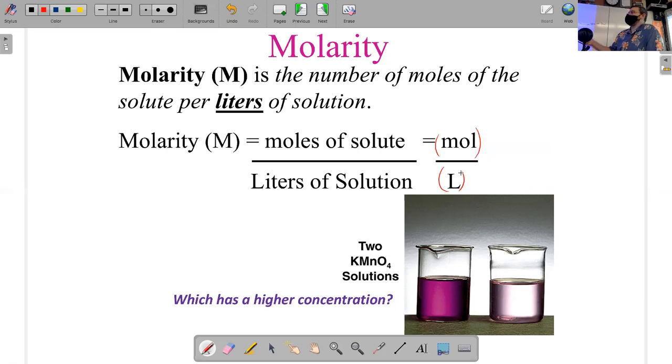But in each case, you could calculate what the concentration is. So for instance, if this happens to be 500 milliliters or 0.5 liters, if you take how many moles of potassium permanganate are in there divided by 0.5 liters, you get a value for the molarity. And it's a quantitative value that every chemist uses to communicate amounts.